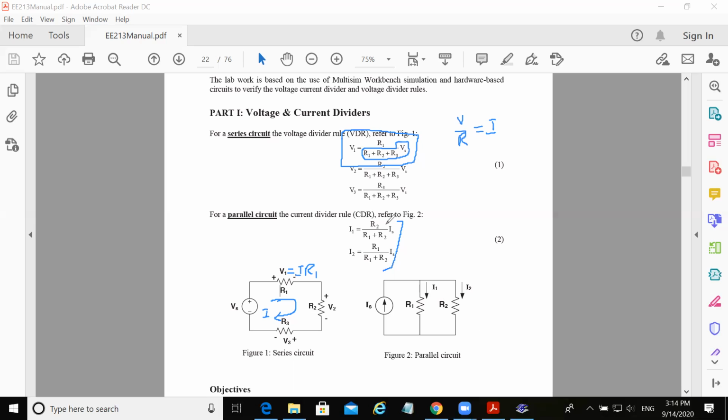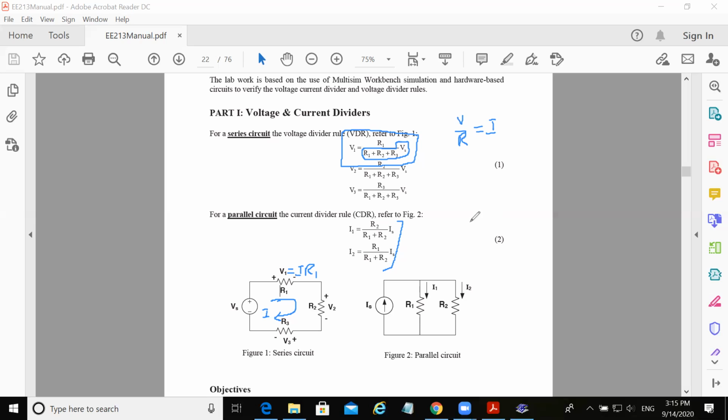So I1 is equal to IS multiplied by R2 divided by the sum of the two resistances. In this way, we write the value of I1. Similarly, the expression for I2, which is the current flowing through R2, will be IS multiplied by R1 divided by R1 plus R2.